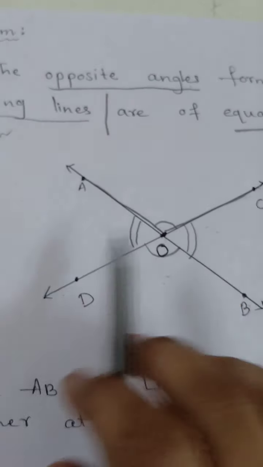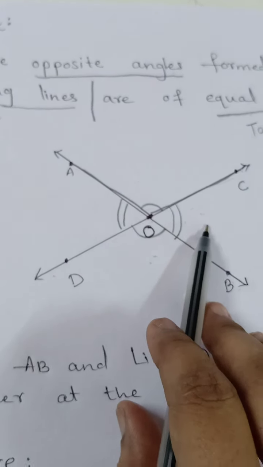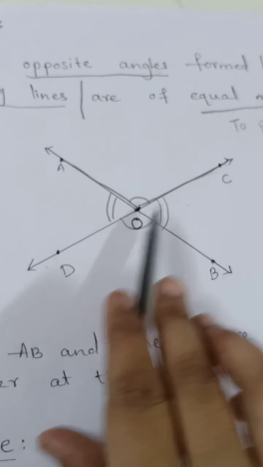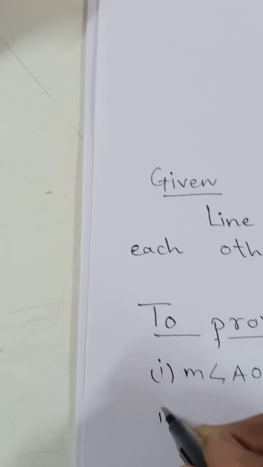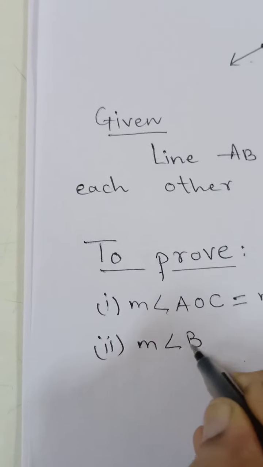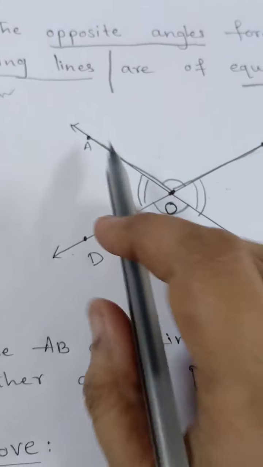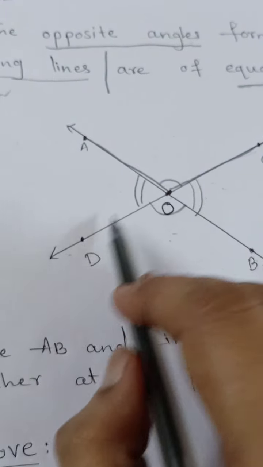Now another pair of opposite angles is also there. So we will take this one, first angle BOC. So the second is measure of angle BOC, and its opposite angle is this one, that is angle AOD.